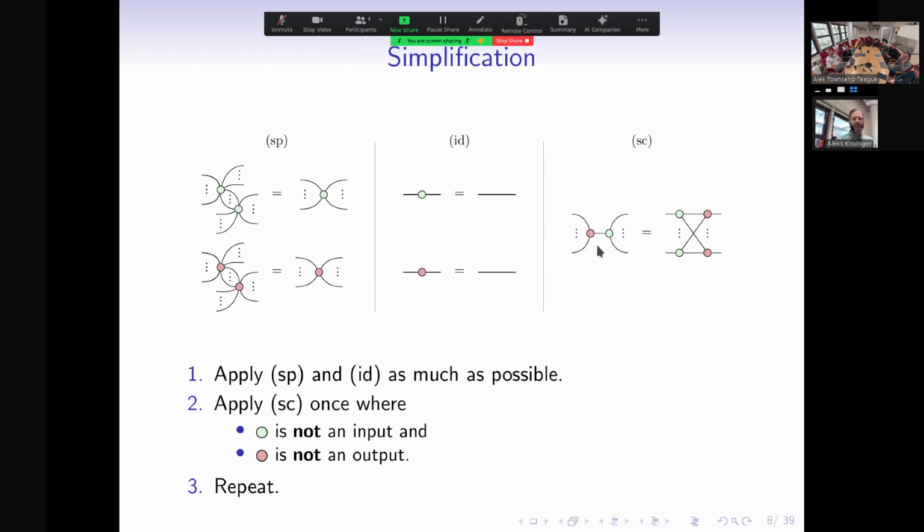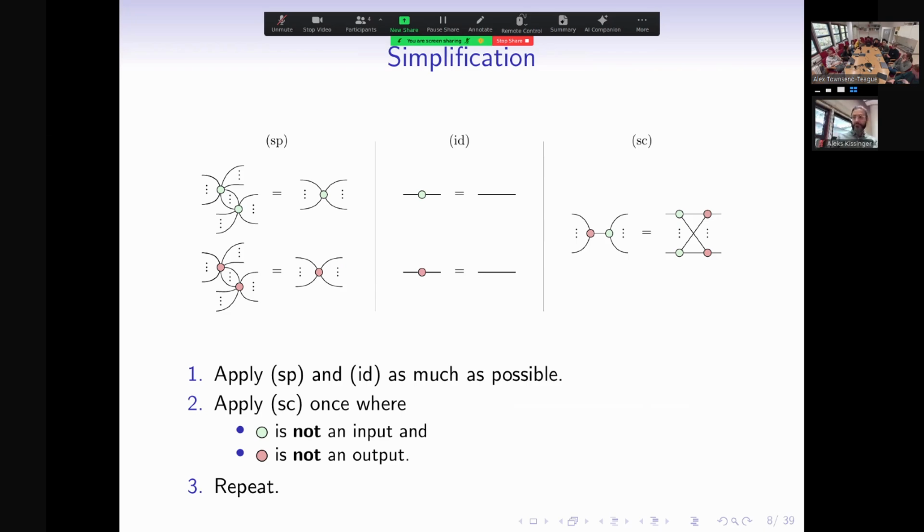What happens if I apply this rule and then I fuse as much as possible, I end up deleting two nodes, because all of these nodes are already going to be adjacent to other things of the same color. So I'll always be deleting pairs of nodes as long as I do all these fusions. If I don't, then I can just keep applying this rule to load the thing up very, very big.